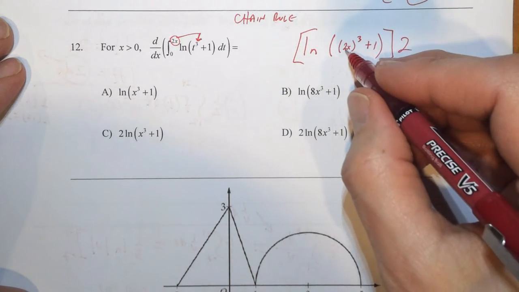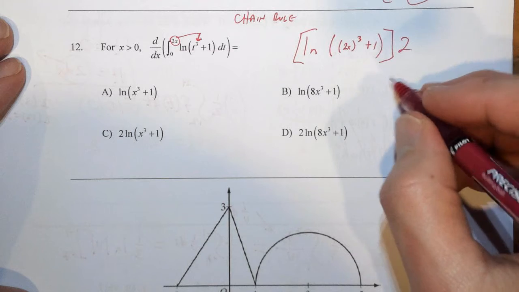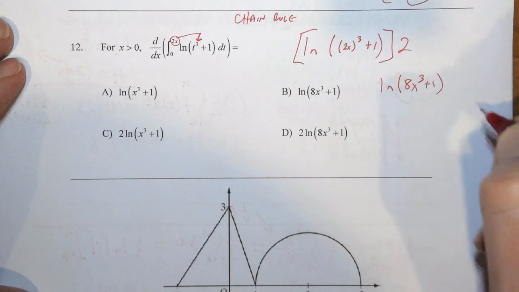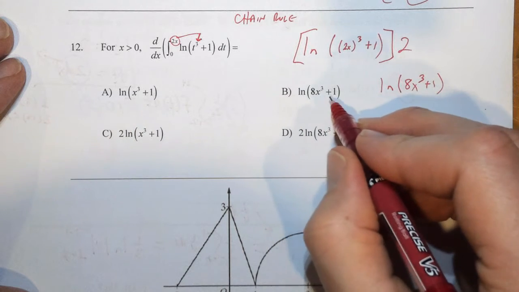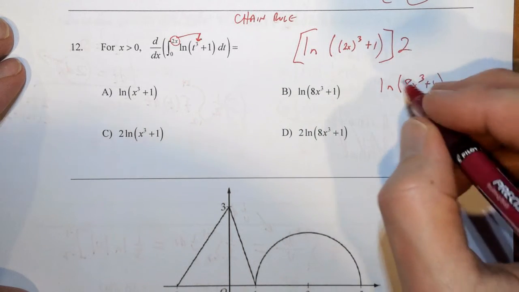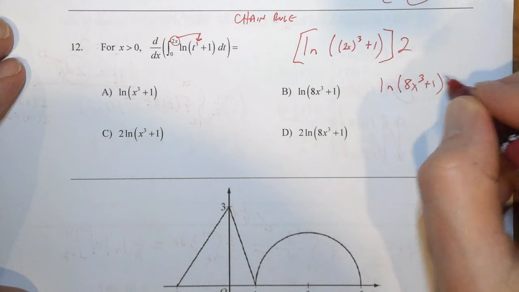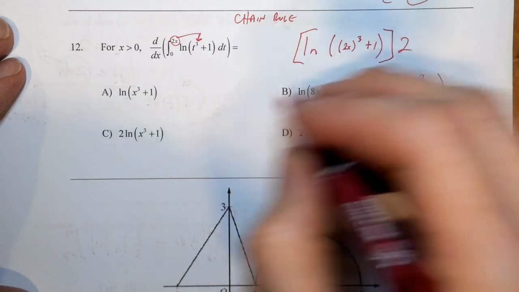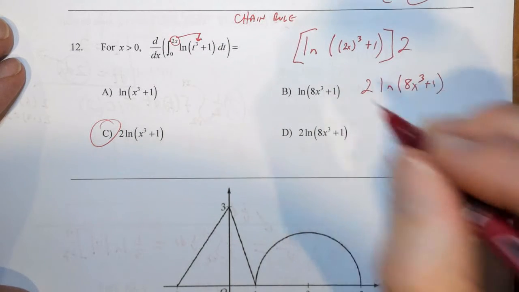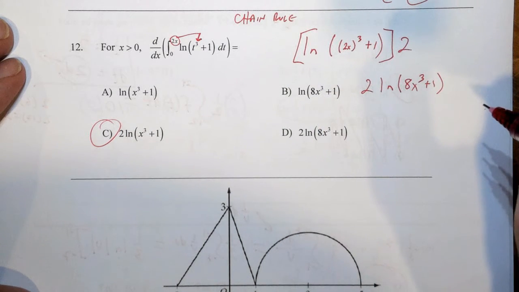So 2 cubed is 8, so this becomes natural log of 8x cubed plus 1. And notice that's one of our answers because they're going to see whether or not you remembered the 2. That's still there. We can put it at the end or we can put it at the beginning. All right, but we need that 2 because they're going to try and trick you with an answer like B.